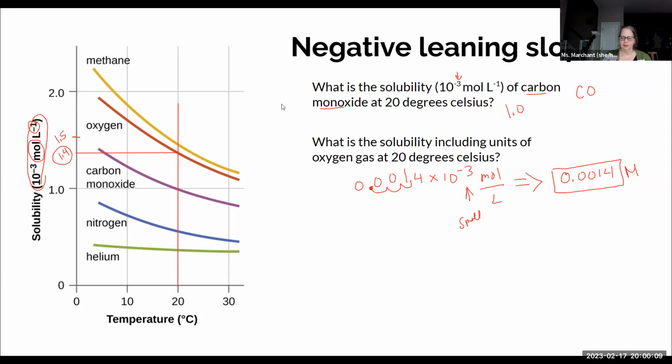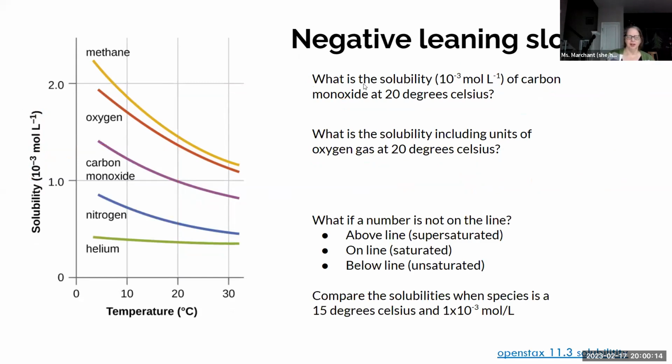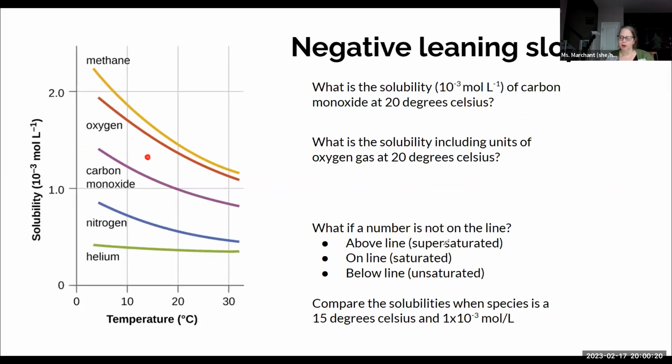What's next? What if a number is not on the line? All right, so let's just randomly pick a number right here. If it's above the line, it's supersaturated. So this spot, which is somewhere around 14 degrees C and maybe 1.3 solubility, is above the carbon monoxide line.